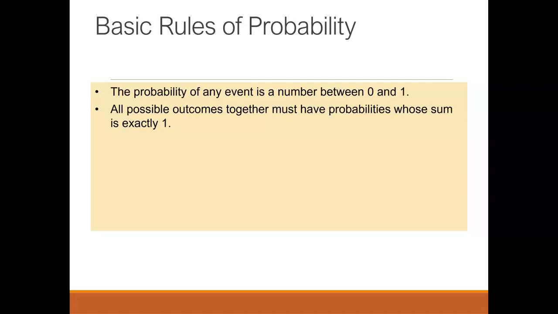So if you add up all the possible outcomes, you better get 100% of the possibilities there. Again, when we say 1, you could think of that as 100% also, right?